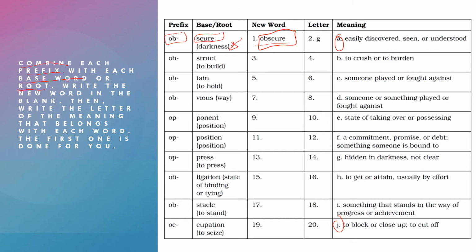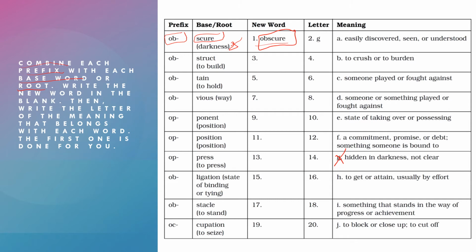So I take my understanding of the prefix in addition to the root, whose meaning is already written here, together, then I come up with the answer. So the answer here is G. Let me just cross it and erase J and A. So we have ob and we have struct.